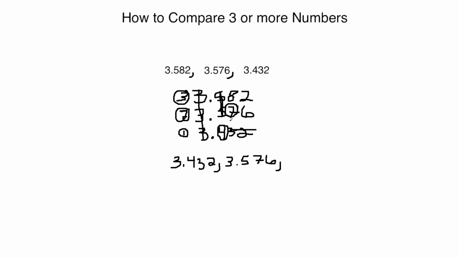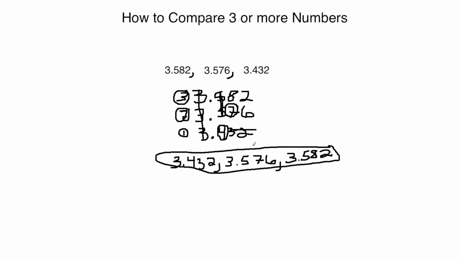And then the very last one is 3 and 582 thousandths. And then circle your answer. And that's how you do it with 3 or more numbers.